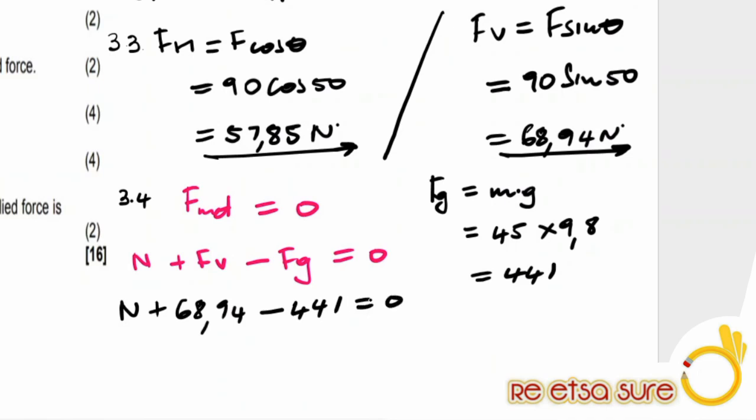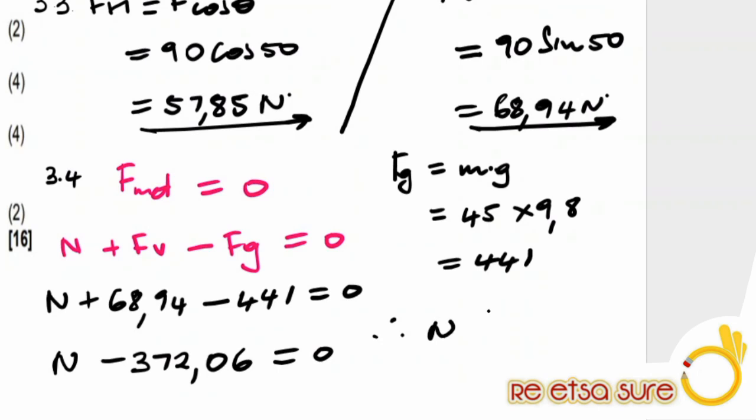So now let me put everything on my calculator. 68,94 minus 441 gives me normal force minus 372,06 is equal to 0. Therefore, my normal force is equal to 372,06 Newtons.